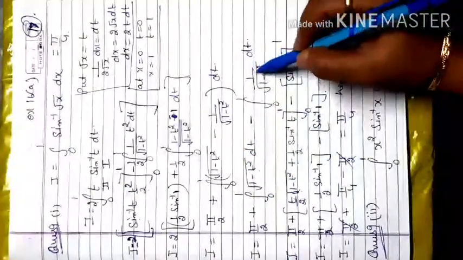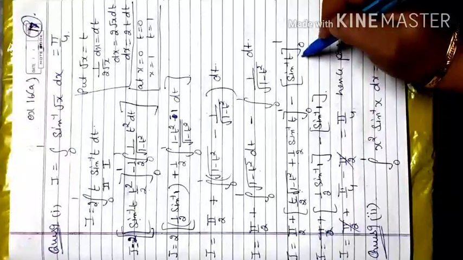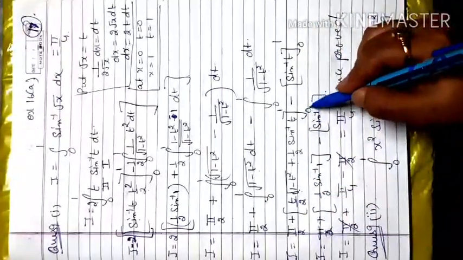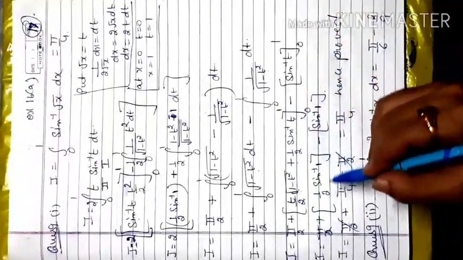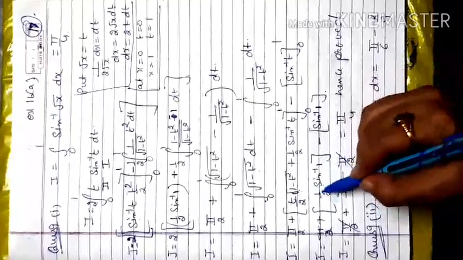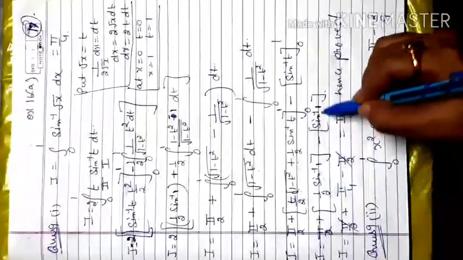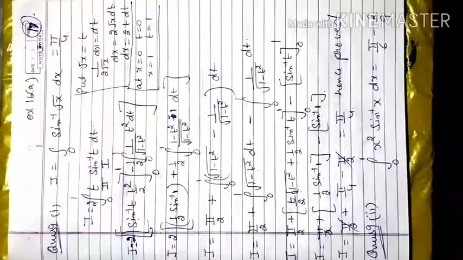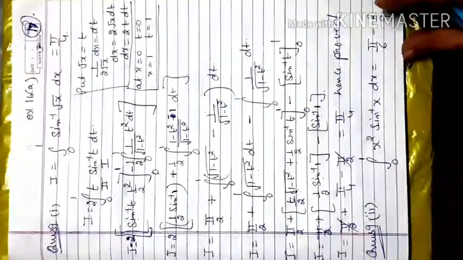Here 1 upon root of a square minus x square formula is sine inverse x by a. After applying the formula, now you have to apply the limit 0 to 1. So when you apply the limit 1, only half sine inverse 1 minus sine inverse 1 is left, and sine inverse 1 value is pi by 2. After applying the value, you will get pi by 4.